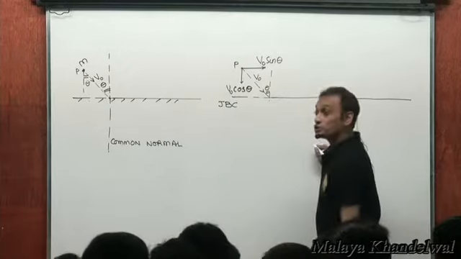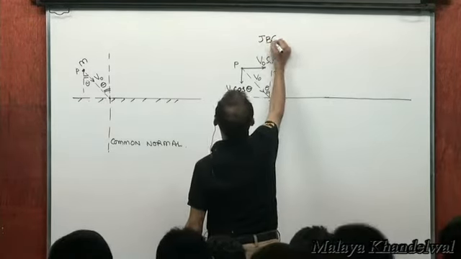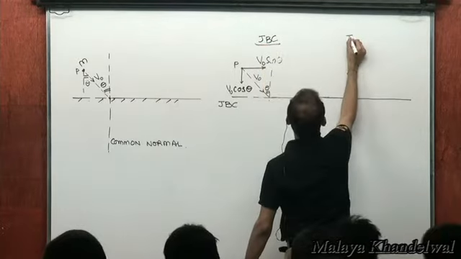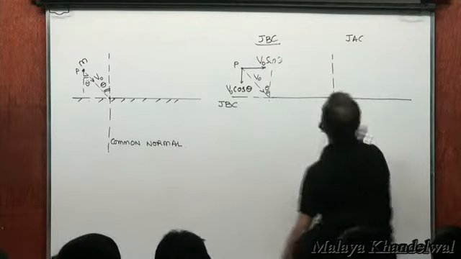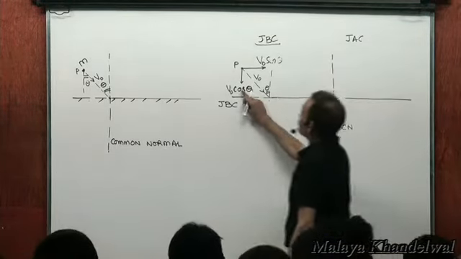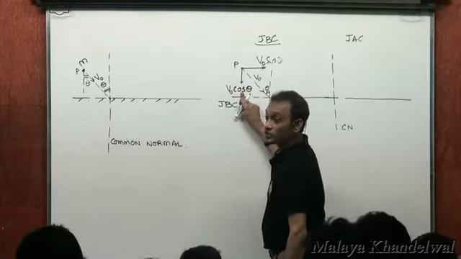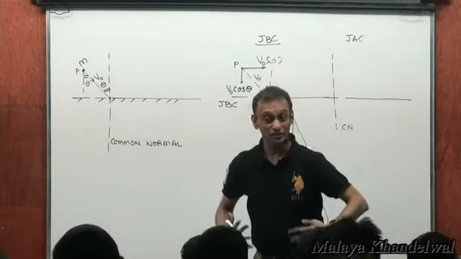Now, just after collision, this is the common normal direction, CN. This velocity will get multiplied by e, the coefficient of restitution.